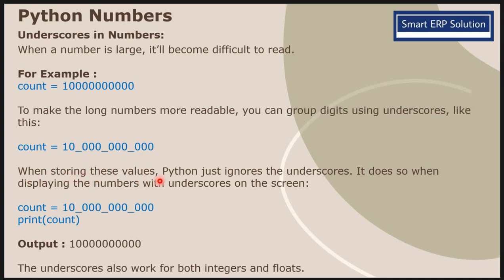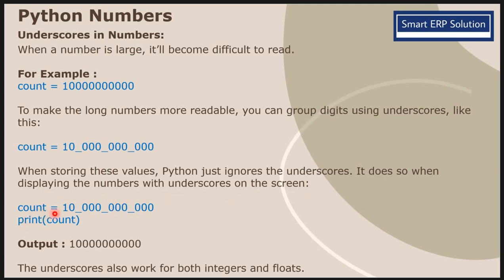When storing this value, Python just ignores the underscore. So Python will ignore the underscore when you store this value into the variable.